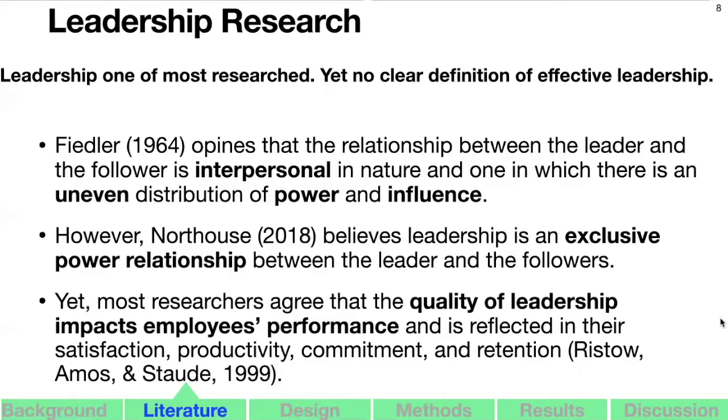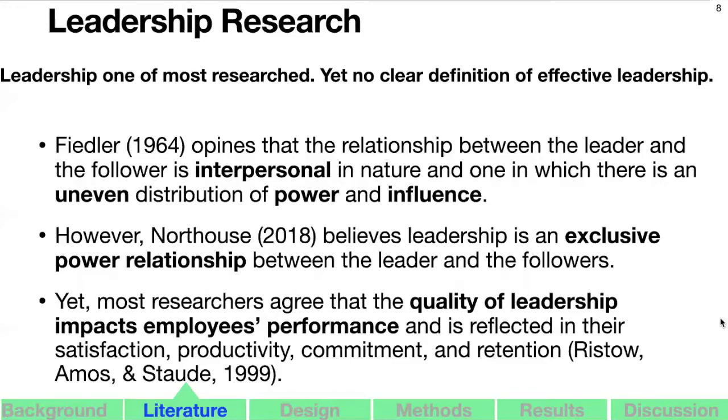Nordhaus considered leadership to be exclusively a power relationship. But although there have been these conflicting ideas, all researchers agree that the quality of leadership impacts employees' performance, and this is always reflected in their satisfaction, productivity, commitment, and their retention.